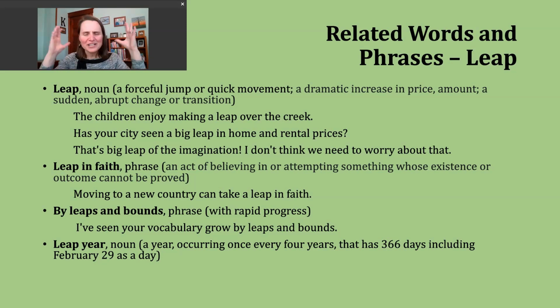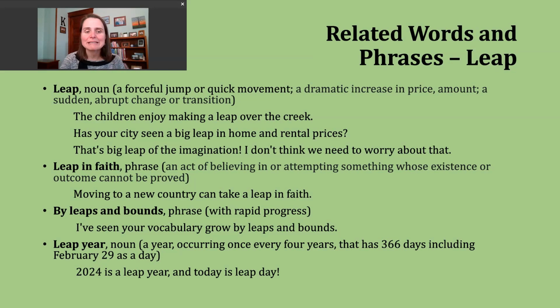It becomes necessary to keep our seasons in sync because our year isn't exactly 365 days, right? And so we need this extra day to kind of keep us in sync. So maybe you're aware 2024 is a leap year, and today is leap day. That's why I chose the verb of the day, leap.